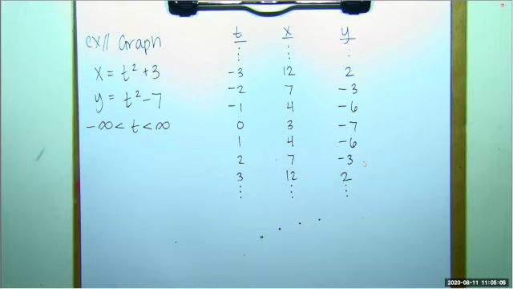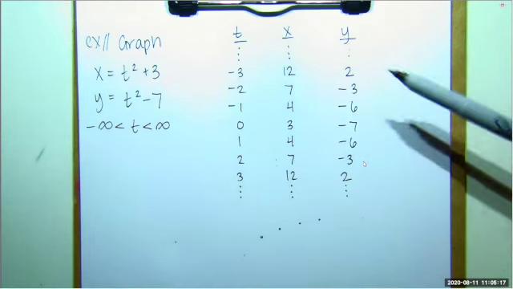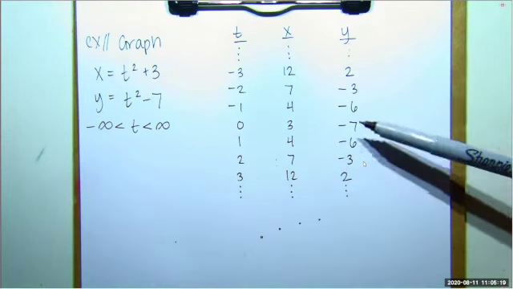All right, so next up, what we want to do is put all these points onto your xy axis and see what our plane curve looks like. So our x values range from 3 to 12, and our y values range from 2 to negative 7.